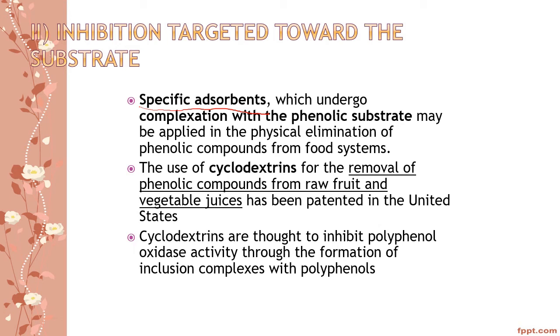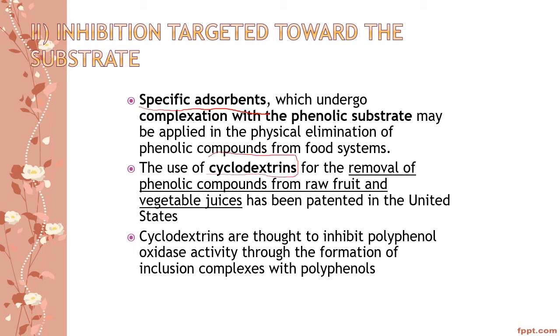And also you can use cyclodextrin for the removal of phenolic compounds from raw fruit and vegetable juice. This one has been patented in the United States. Cyclodextrins are thought to inhibit PPO activity through the formation of inclusion complexes with polyphenols.